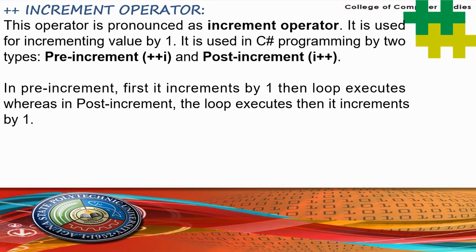It is used in C# programming in two types: the pre-increment and the post-increment. In pre-increment, first it increments by 1, then the loop executes, whereas in post-increment, the loop executes, then it increments by 1. So we will learn more of this when we go to our topic about repetition statements.